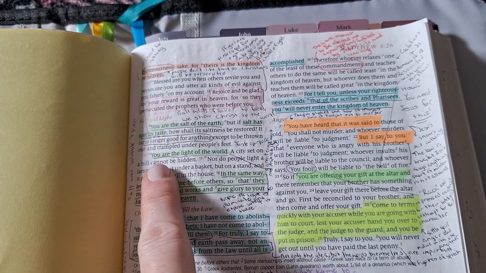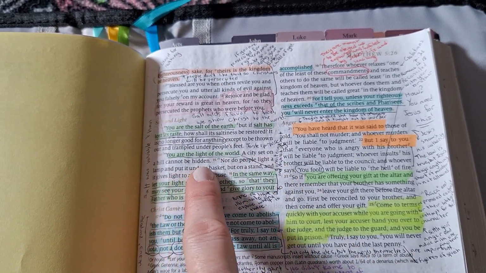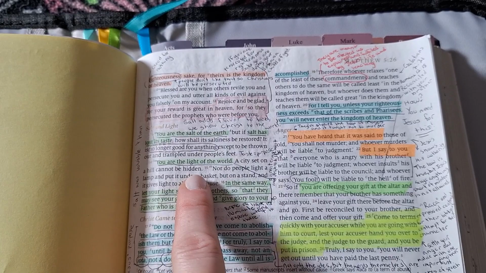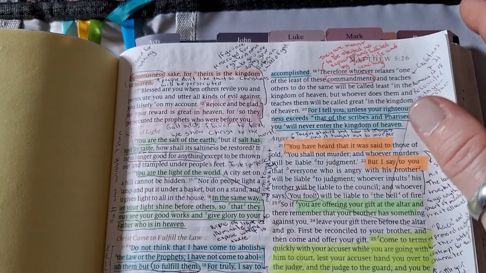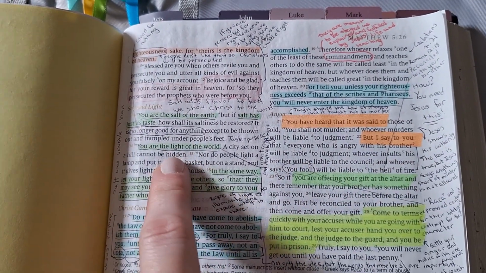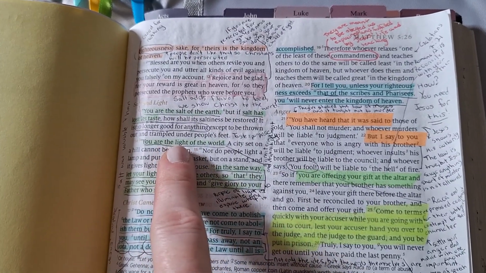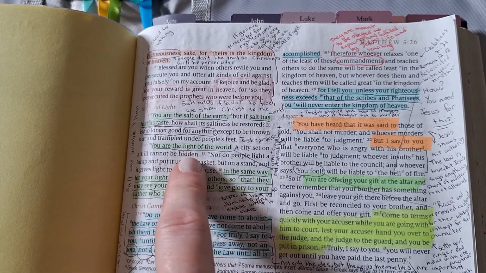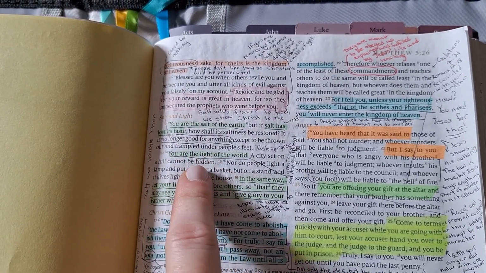Then it goes into saying, "You are the light of the world. A city set on a hill cannot be hidden." What it means by that is a great compliment and responsibility, because in the very beginning of John, it mentioned how Jesus was the light.